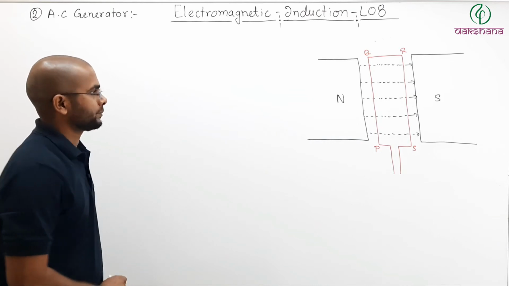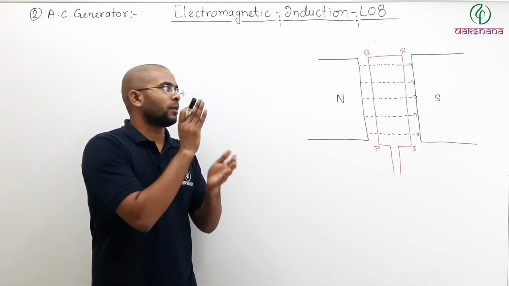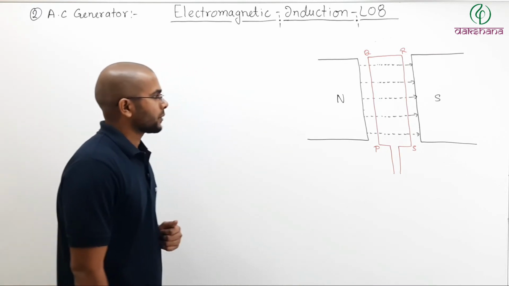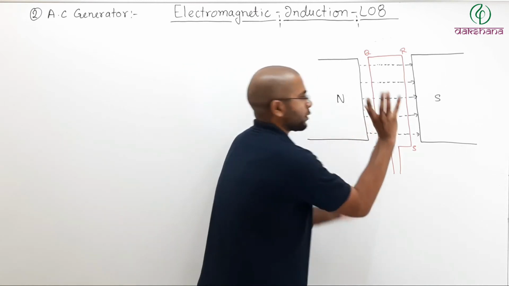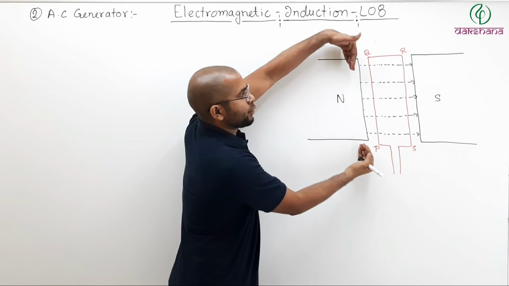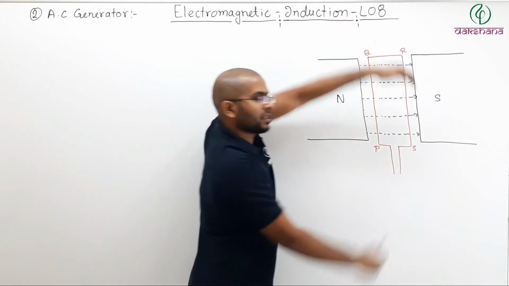Now what will happen? First we will go through the proper formula method, then we will see there is a very easy method. Let us suppose this loop is rotated this way, so PQ will be coming out of the board and RS will be going inside the board.